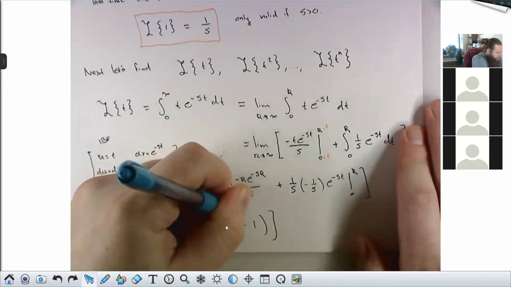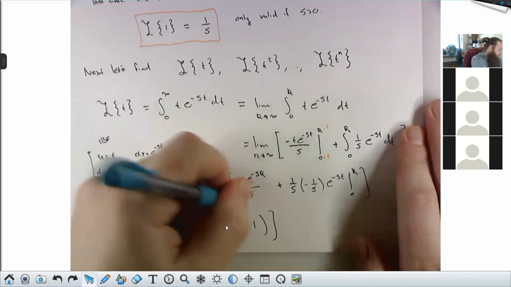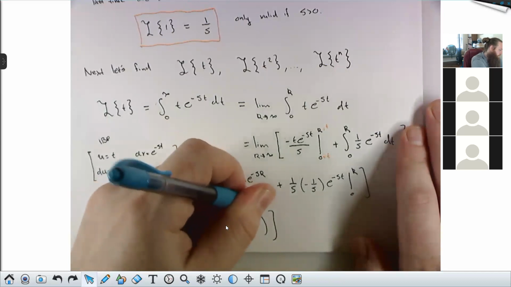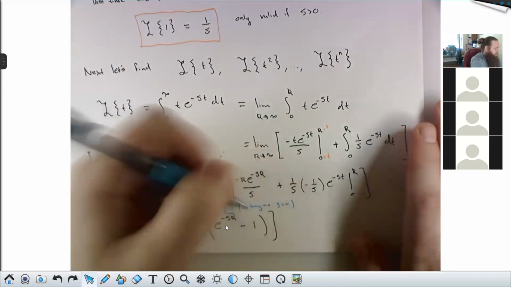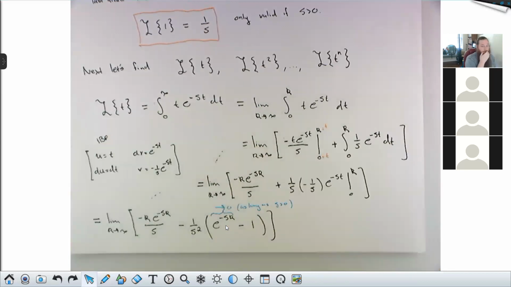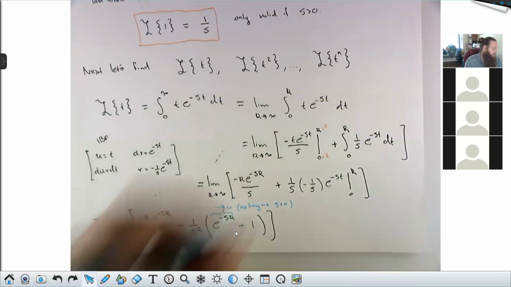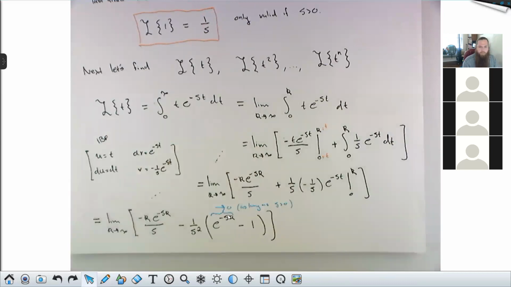So this piece will go to 0 as long as s is positive. If s is not positive, then this piece would blow up to infinity, right? If s was, I guess I could say greater than or equal to 0 here. But yeah, if s is negative, then this is like e to the negative negative 2r, which would be e to the 2r, and that blows up. But if s is positive, then this is like e to the negative 2r, e to the negative 5r, that would go down.